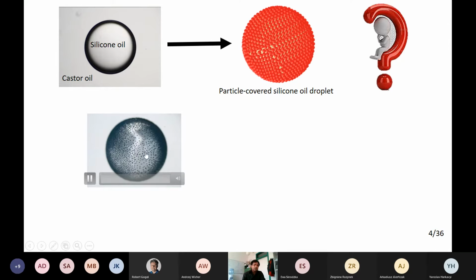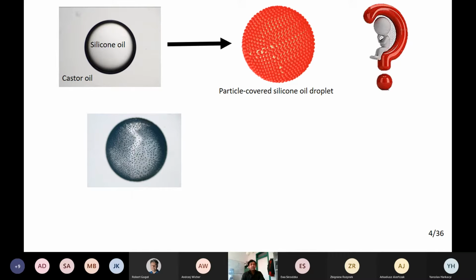And the good thing is that the droplet behaves similar to the silicon oil droplet, which is called the oblate deformation. But we don't know what the magnitude of the droplet deformation is, whether there is some difference in the magnitude of the droplet deformation, which we will discuss in the next few slides.